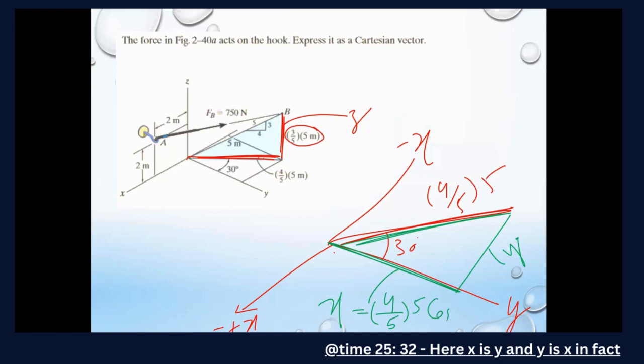Yes. And then for y, I will write 4 over 5 into 5 sin 30, right? So in order to get the value here, I need to solve this for x, and I need to solve this complete for y, right? And z I know, this is equal to z.